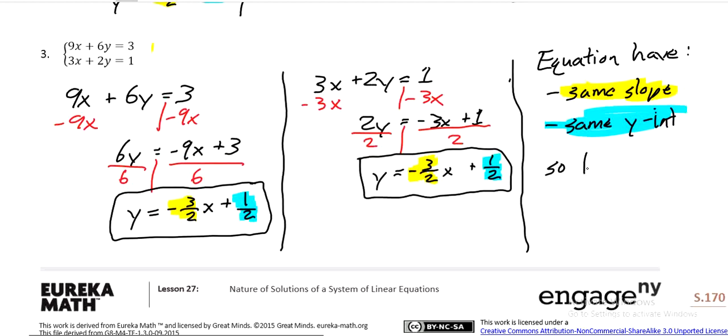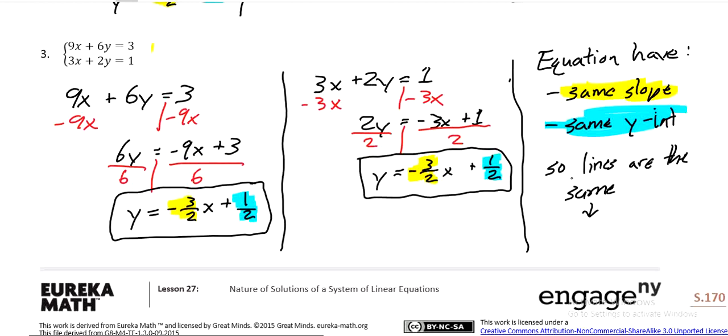So the lines are the same. If the lines are the same, that means they overlap each other. One is on top of the other. That means that every single place you have one line, you have the other line.